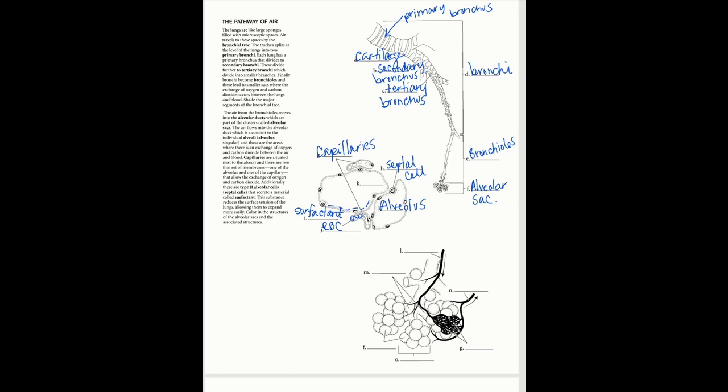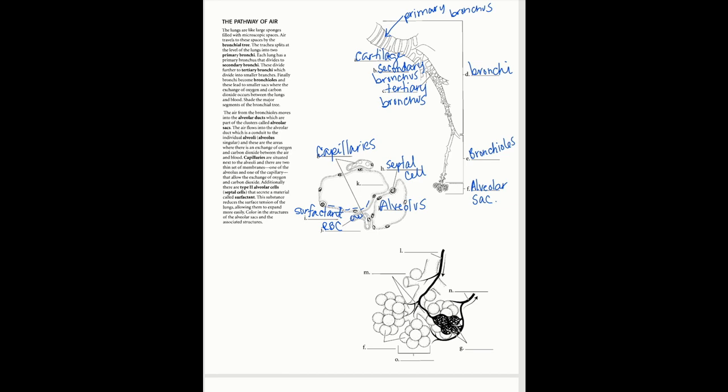Because those capillaries are carrying the red blood cells, we can easily have oxygen diffuse into the capillaries from the alveolus when you inhale. And then you're also going to have carbon dioxide diffuse from the capillary into the alveolus so that the carbon dioxide can be exhaled.